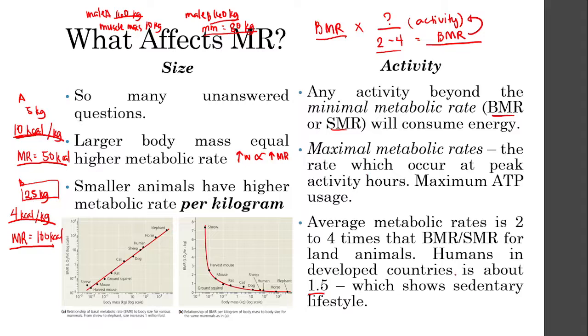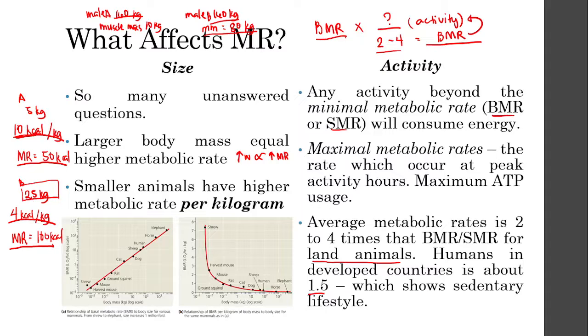That tells us that humans in developed countries have a much more sedentary lifestyle, meaning they move less and have less activity overall than, for example, animals on land, or even humans from a much less developed country wherein there was much more physical labor.